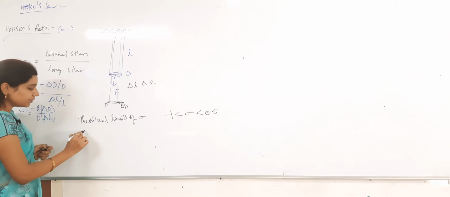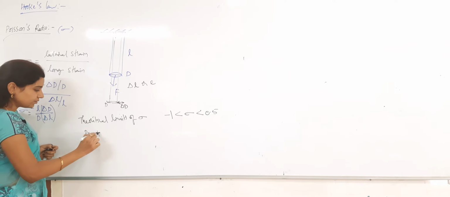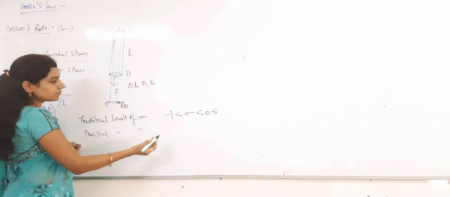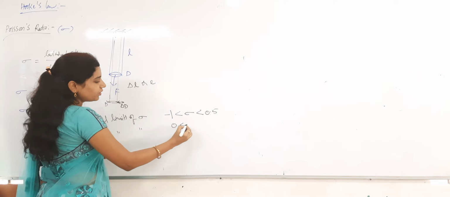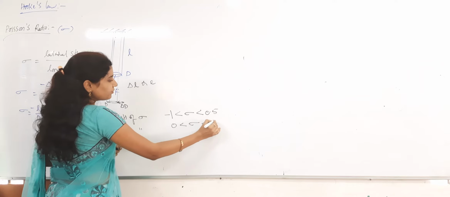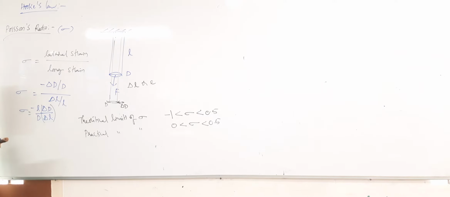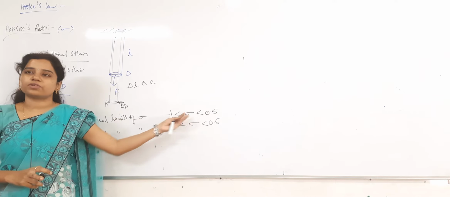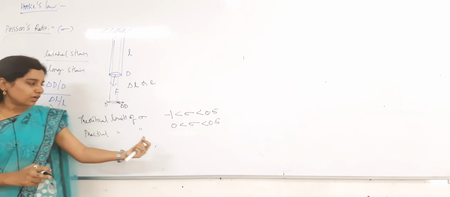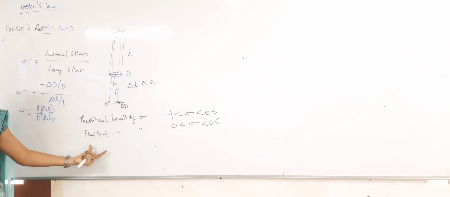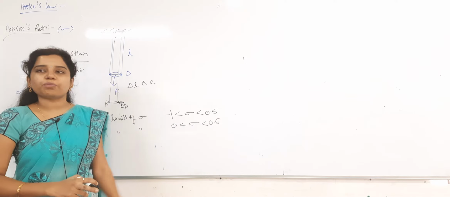And the practical limits of sigma is just 0.0 to 0.5. Whenever you substitute all the theoretical values, at that time you will get the range from -1 to 0.5, anywhere in between that. And whenever you come to the practical limits, at that time it will be 0 to 0.5.